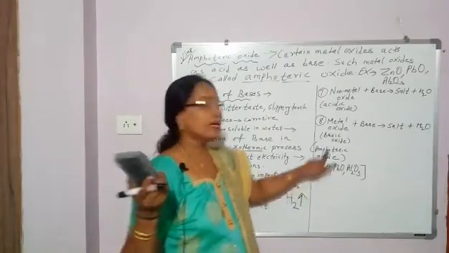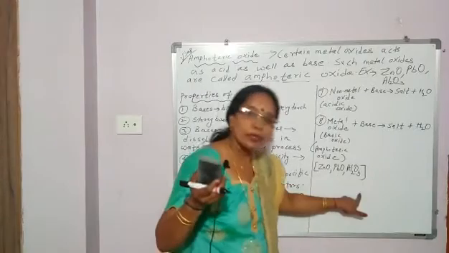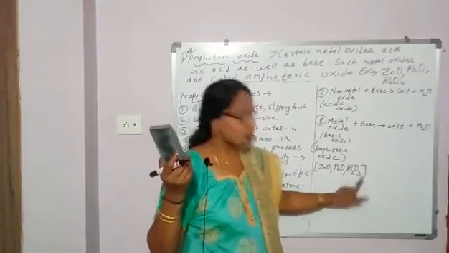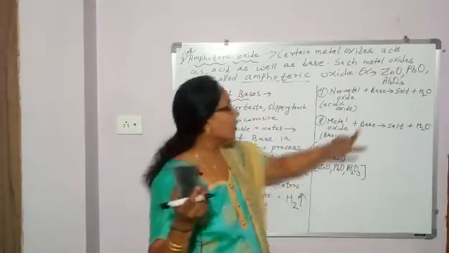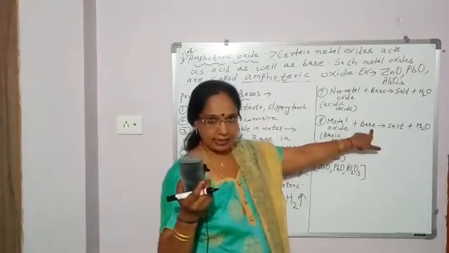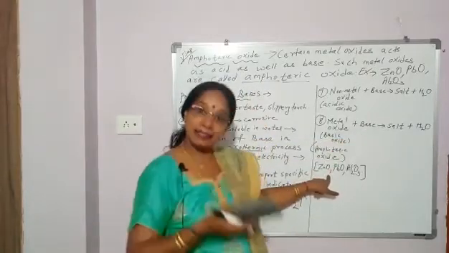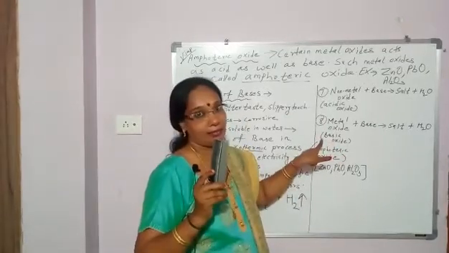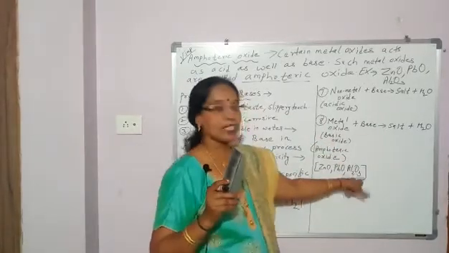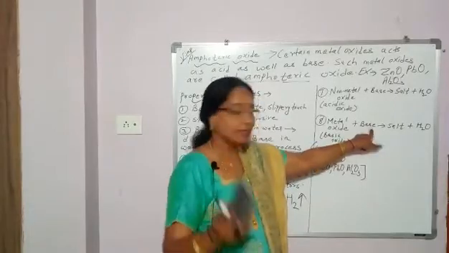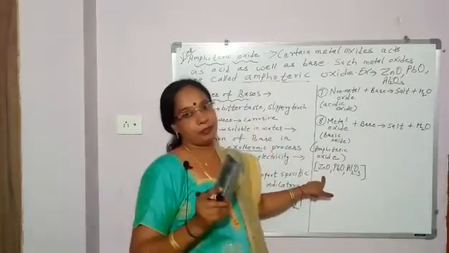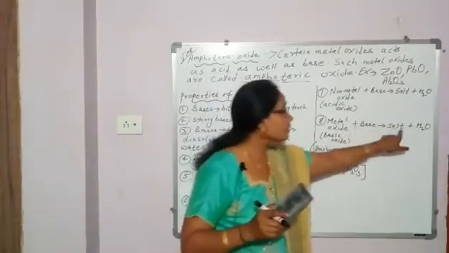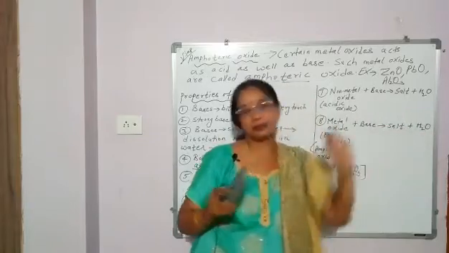Zinc oxide, lead oxide, aluminium oxide. So these metal oxides, when they react with base, they act as acid. Otherwise, metal oxides are basic oxides. And what is obtained? Salt and water.